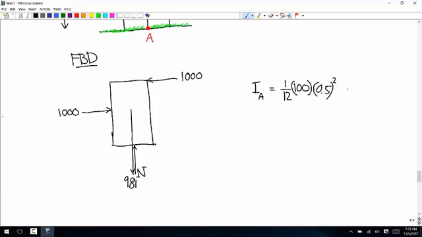So then we have 1/3 times 100 times 2 squared. And that is 100 over 48, I think. So 100 over 48 for that first one, plus 400 thirds.